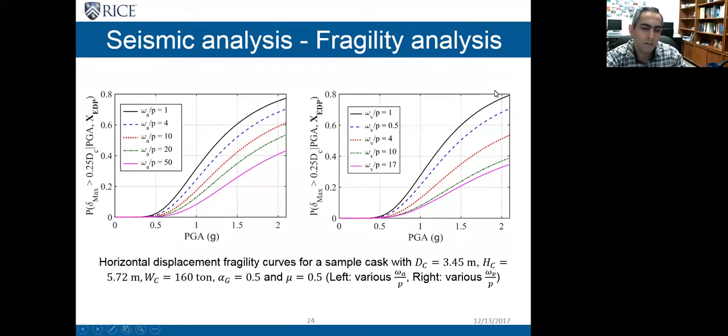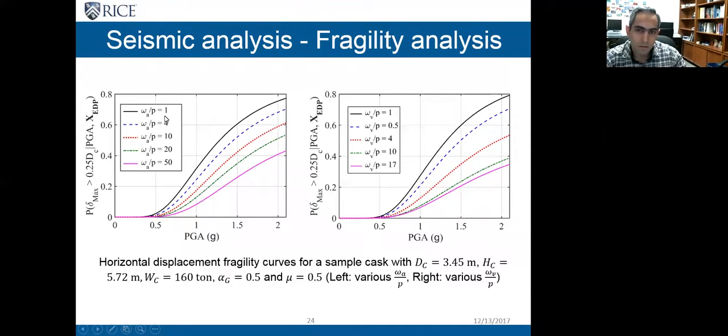So studies on rigid blocks and rigid bodies have shown that the dynamic response depends on the omega over p ratio. And in this study, we came up with two definitions for omega. One is omega A and the other one is omega V. Omega A tries to capture the effect of short period contents of earthquake, and omega V tries to capture the long period contents of earthquake.